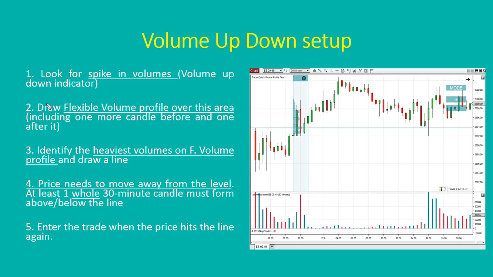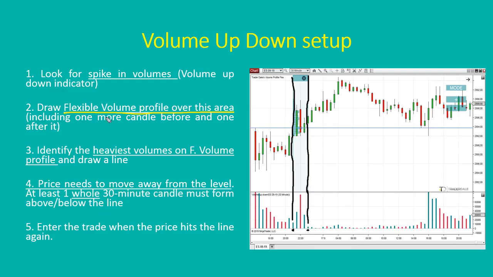and in this step you draw a flexible volume profile over this area. So you draw the flexible profile over the area where there was the volume spike. You draw it like this. This is the area you are interested in. Alright, and you draw the profile in the area, and it will include also those two volume bars.